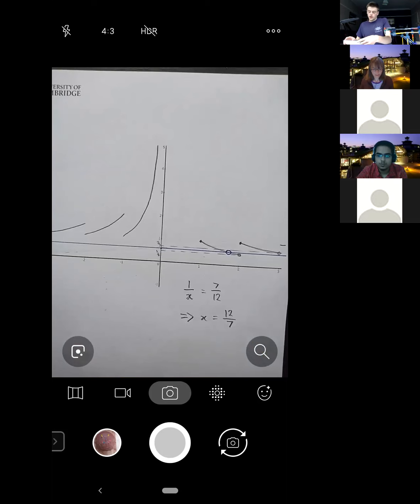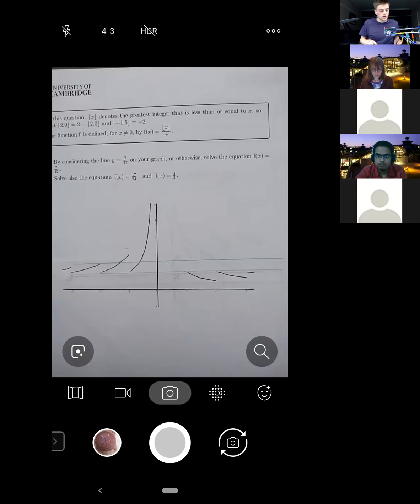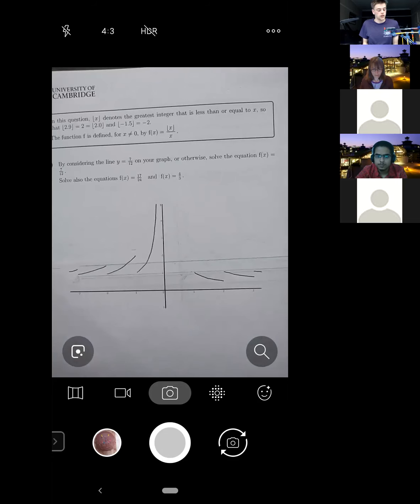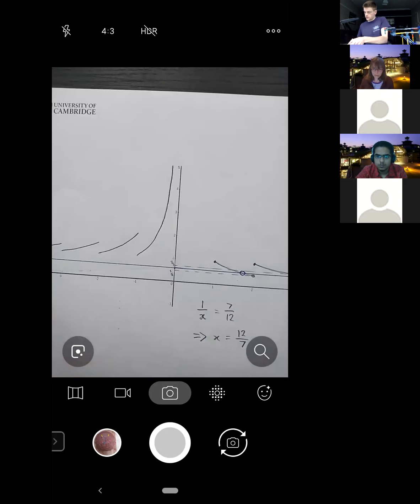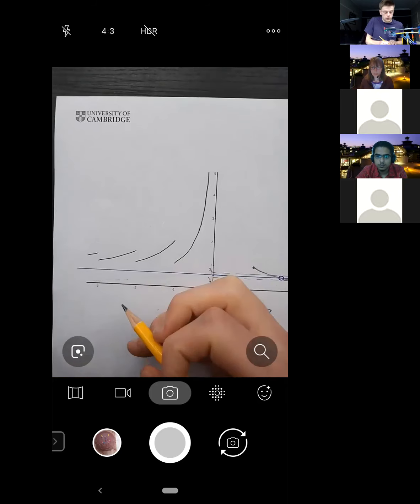So that's the first bit of this first bit. Now we have to solve the equations f of x is 17 over 24 and f of x is 4/3. So it was helpful to draw the line y equals 7/12 the first time, so let's do it again and see what happens. This time 17 over 24 is ever so slightly greater than 2/3.